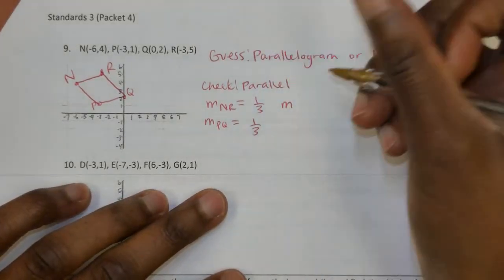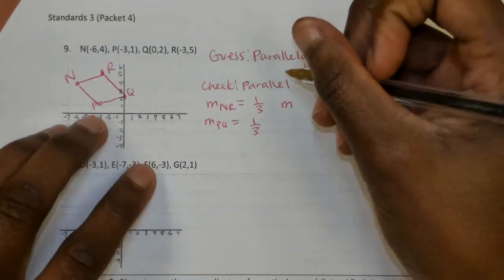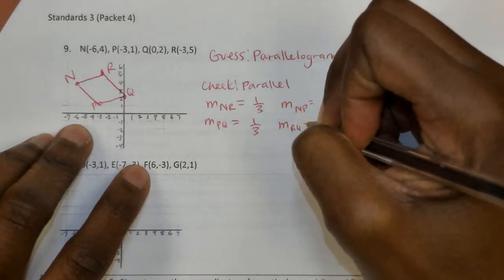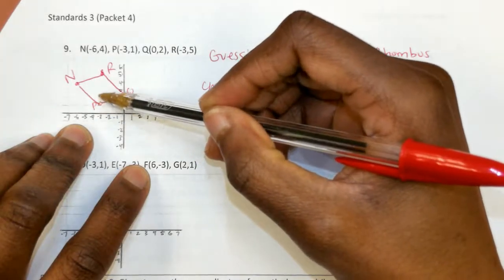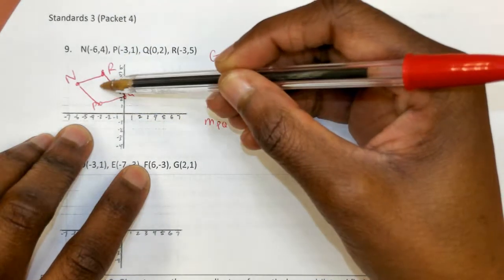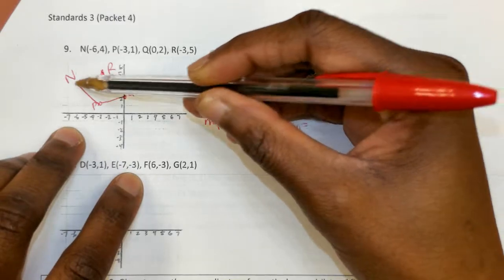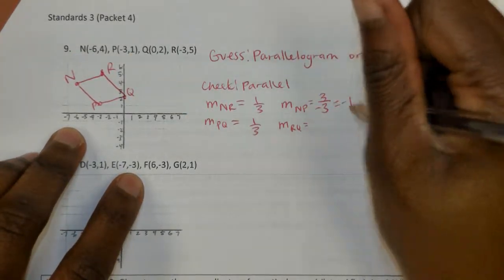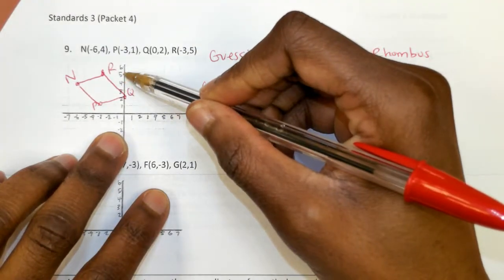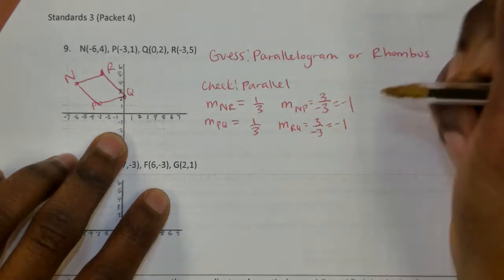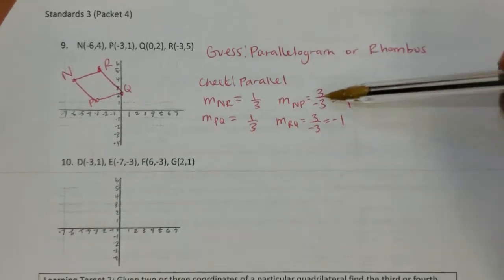And if we verify the other opposite sides, NP and RQ, I go from 1 to 4, so up 3, and then negative 3 to 6, over 3. Up 3, left 3. So it is a parallelogram.